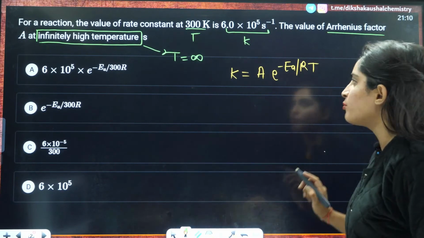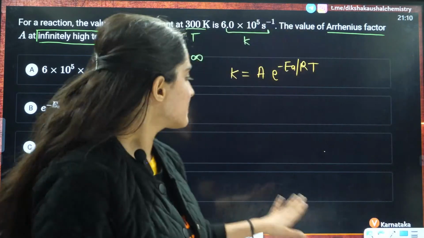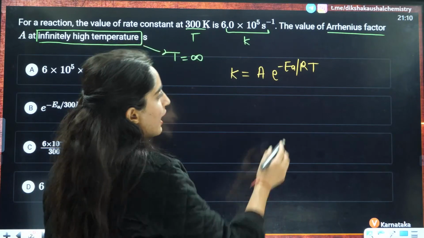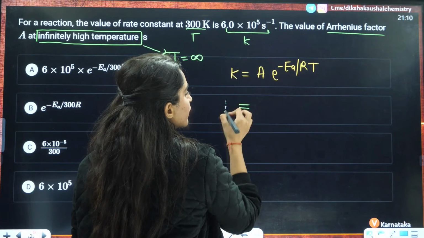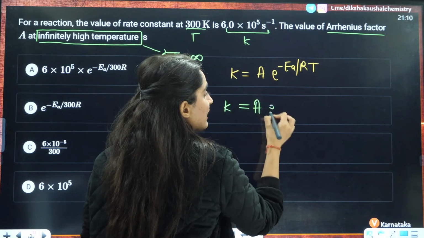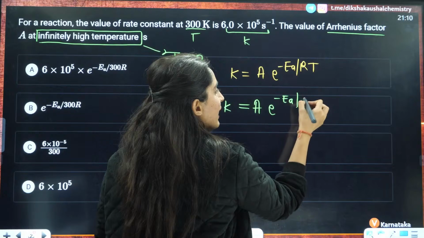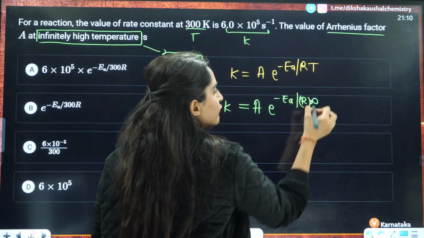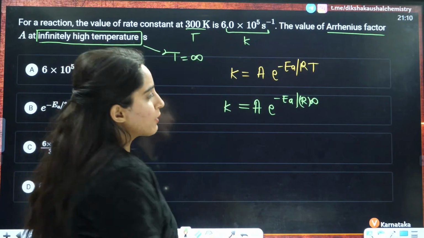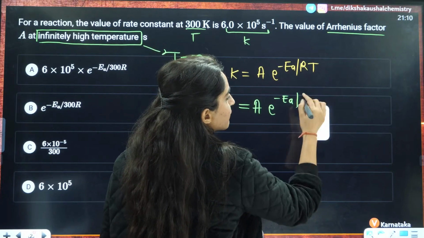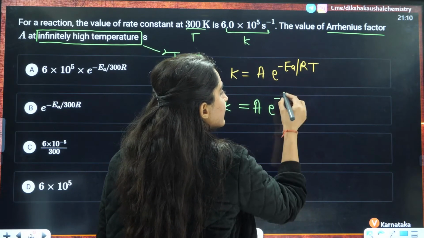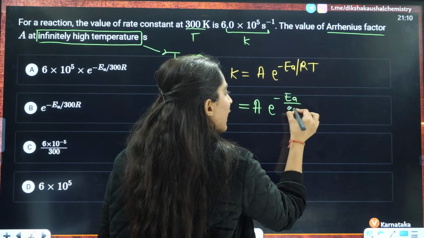Now, they are saying that this temperature is infinity. So k = A e^(-Ea/(R × infinity)). R multiplied by infinity is nothing but infinity, since anything multiplied by infinity is infinity. That means this will be Ea by infinity.